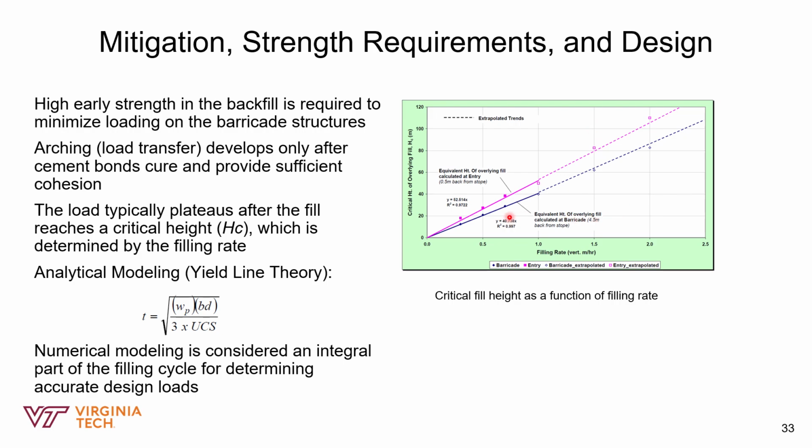So the further we go on the x-axis, the higher the value of the critical height will be on the y-axis. So this is saying that it's better to have a lower filling rate in order to achieve a much lower critical height value.